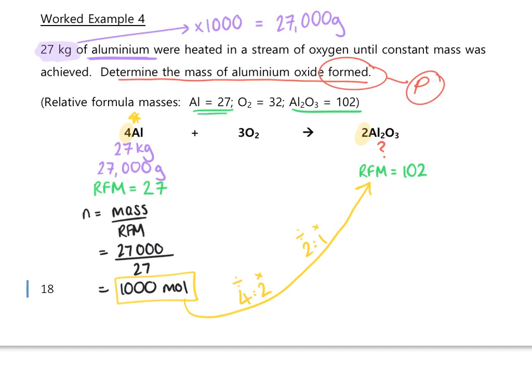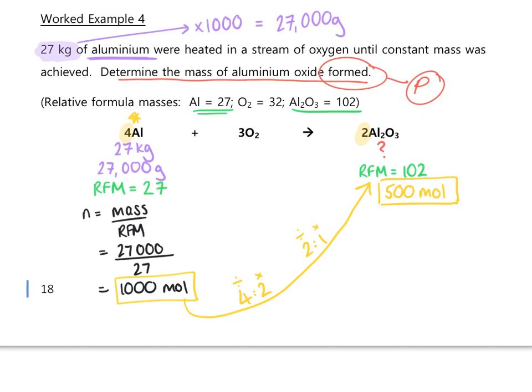This time I'm dividing by 4, multiplying by 2, or you can think of it as dividing by 2 times by 1. So essentially 1000 divided by 4 would be 250, multiplied by 2 is then 500. And again, put that into your calculator if you need. Just make sure that you make no mistakes with calculation errors.